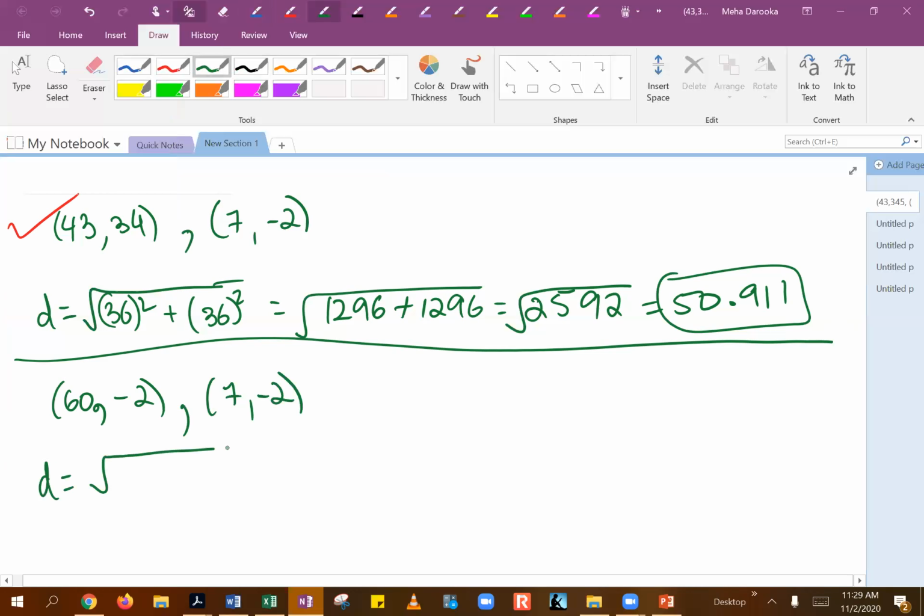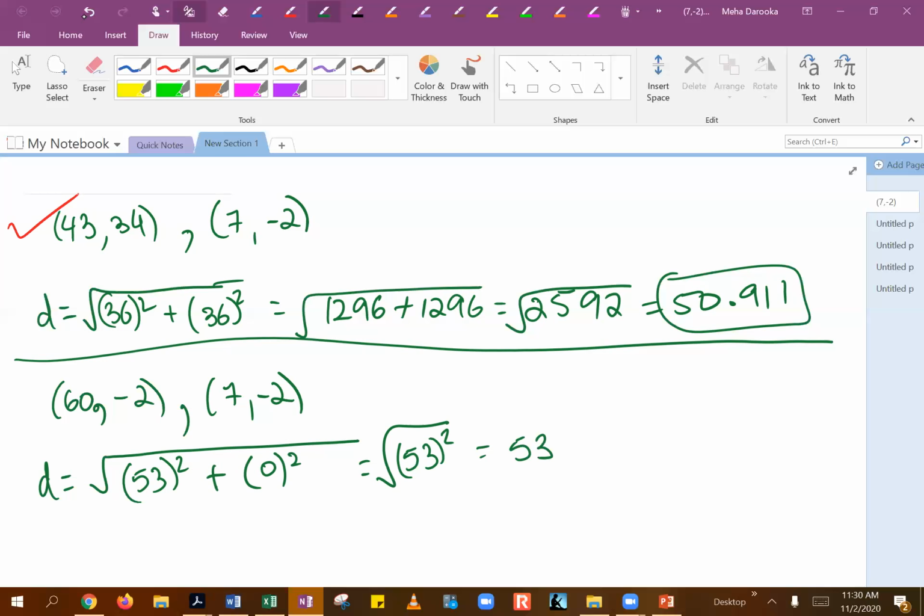So when you calculate the distance here, 60 minus 7 will of course give us 53 squared. And then when you subtract -2 and -2, you will actually end up getting 0. So you will see how you are basically ending up with 53 squared and then a square root on that. And of course, your distance will come out to be 53.